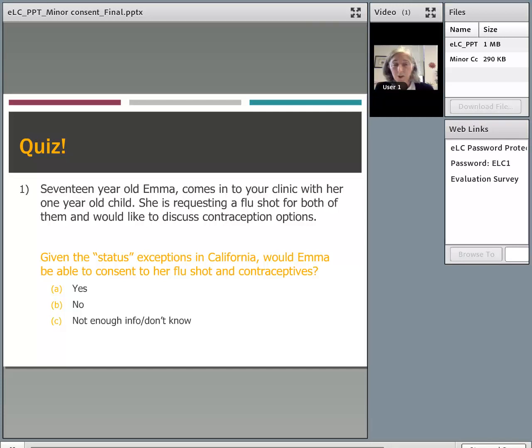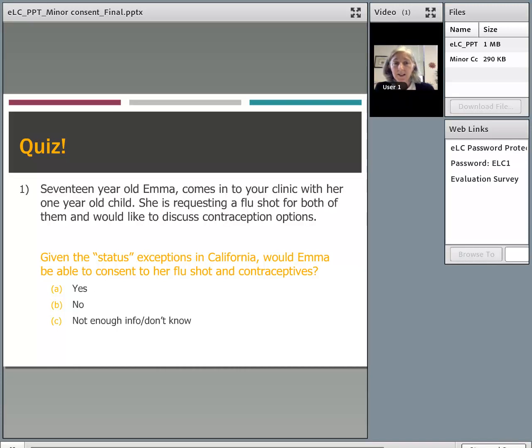Contraception is certainly something that she can consent to based on state law that allows minors of any age to consent to contraception, but there's no service exception that would allow her to consent to her own flu shot. So unless she meets a status exception, the flu shot requires parental or guardian or caretaker consent, depending on her living situation.